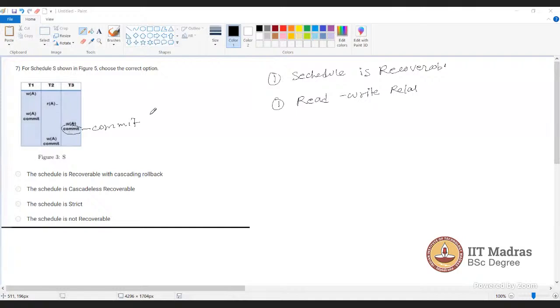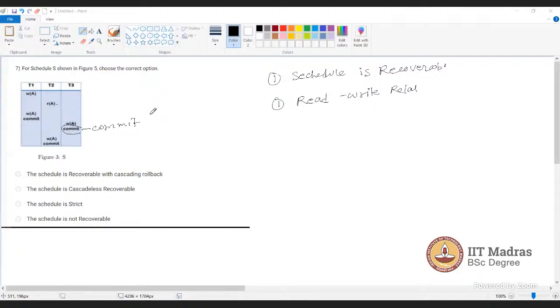This is called a dirty read. So he reads the value that is updated by T1 on the data item. So T2 needs to be rolled back. So that is cascading rollback. If at least one transaction is rolling back due to another transaction's failure, then we consider it as cascading rollback.